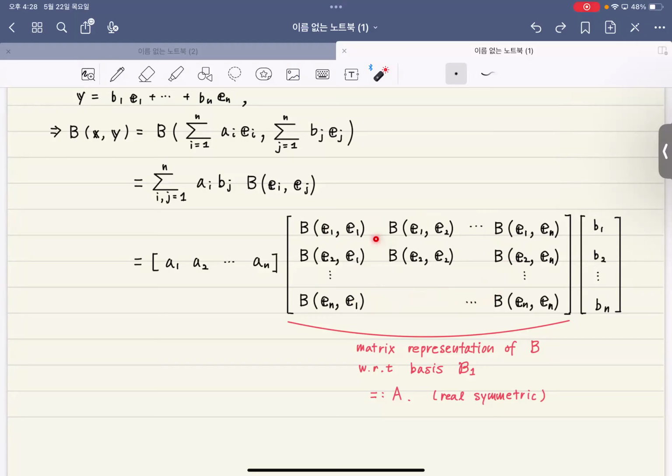But anyway, even though this one looks somewhat messy, I try to organize it as much as I can. So I put this row vector a1, a2, ..., an. These numbers go here, and this is going to be an n by n matrix, and these numbers b_j from 1 to n appear over here as a column vector.